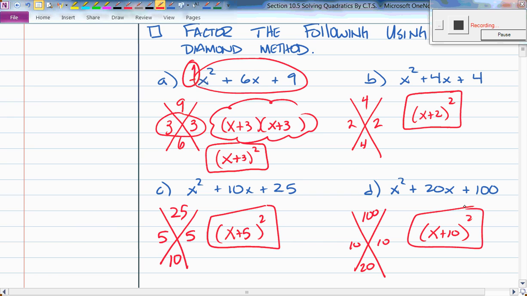Okay, good. Now, here's the challenge to you. Does anybody notice anything at all about how these factor down? Yeah, Cody, what do you notice? Oh, if you take the square root of this, you get that. If you take the square root of this, you get that. Wow. Awesome.